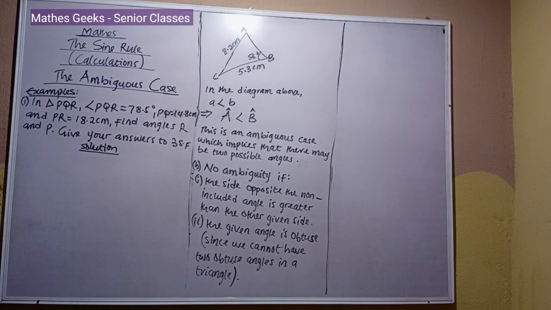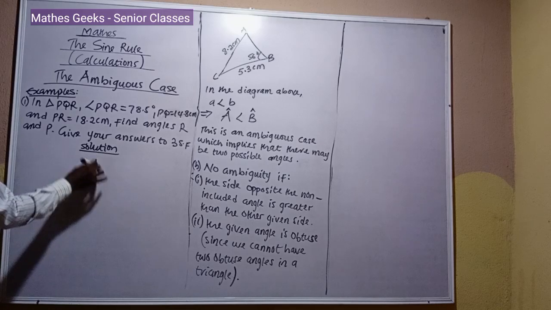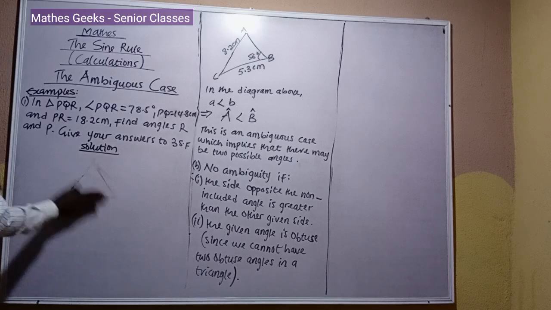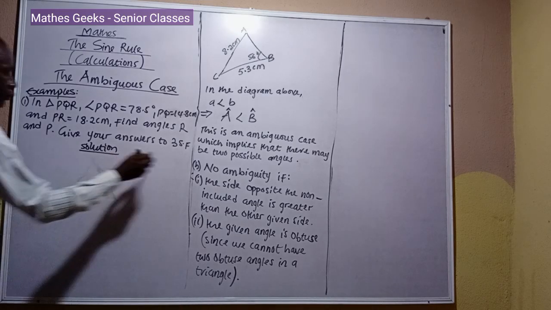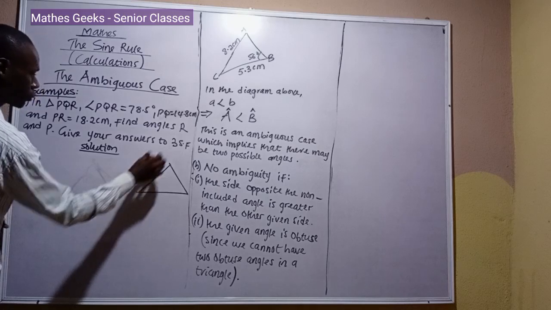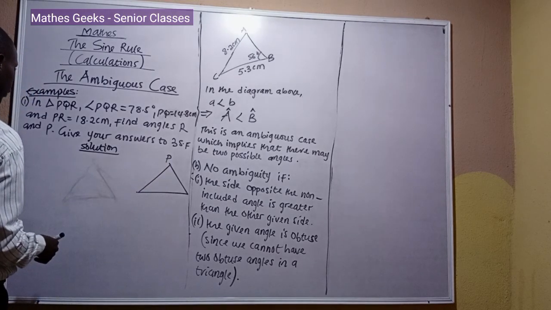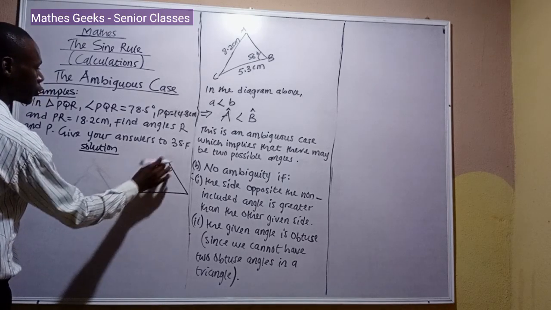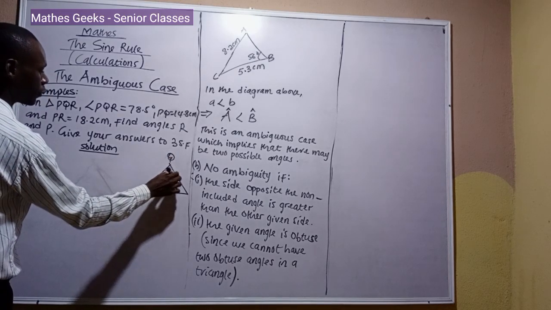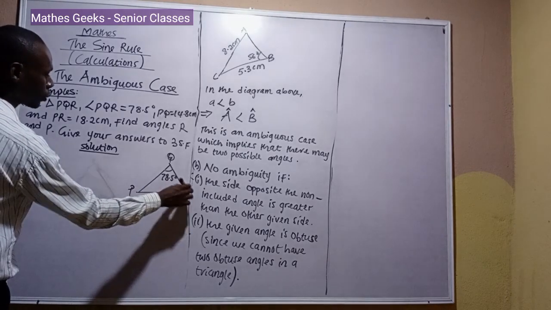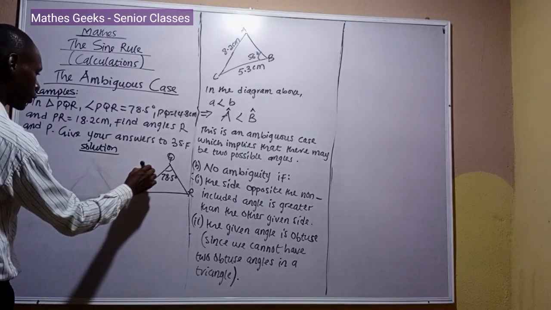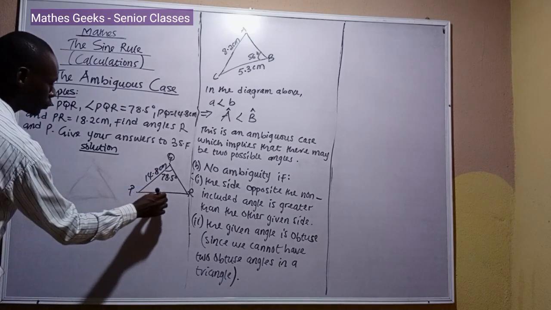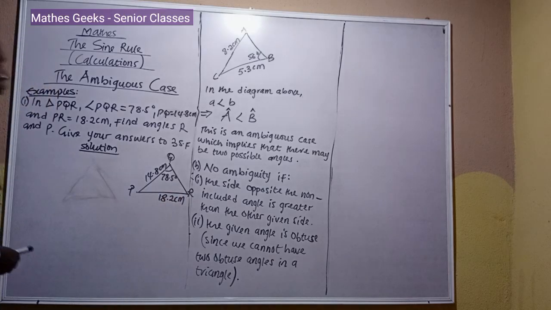In triangle PQR, angle Q is 78.5 degrees, PQ is 14.8 centimeters, and PR is 18.2 centimeters.